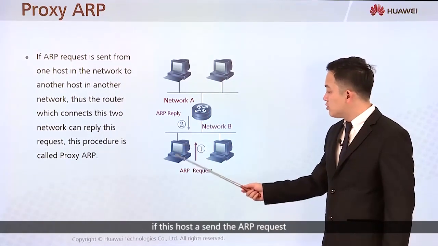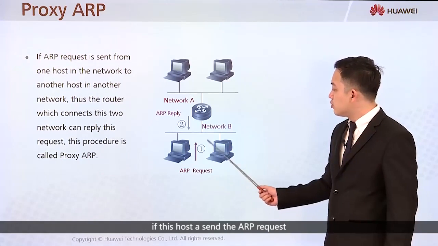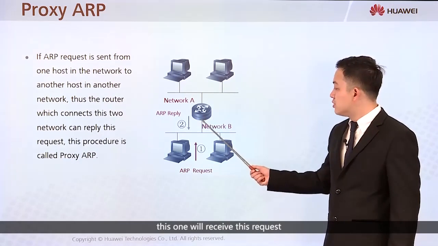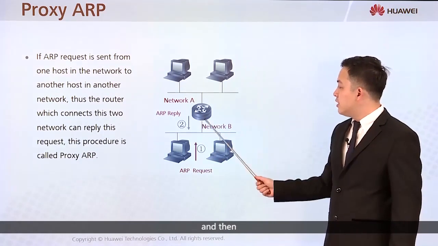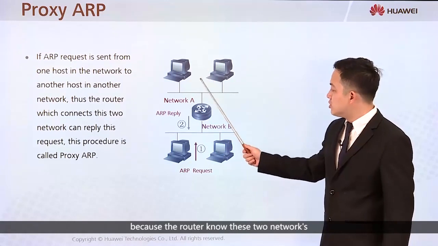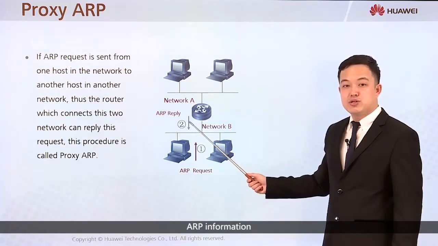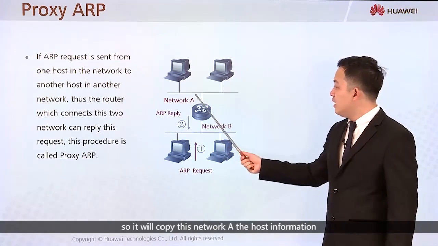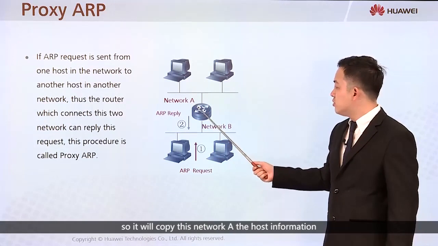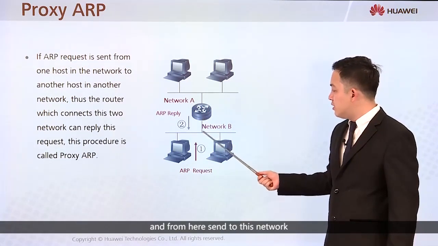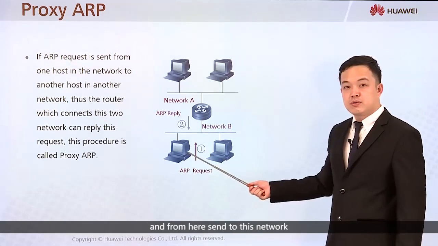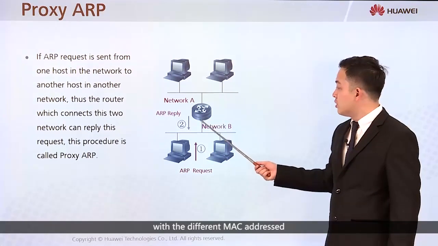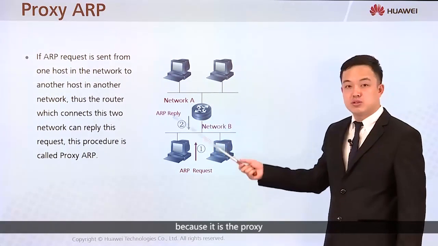How does proxy ARP process the request? If host A sends the ARP request, because it is a broadcast, the router will receive this request. Because the router knows the ARP information of these two networks, it will copy the host information of this network and send it from here to the other network, but with a different MAC address, because it is the proxy.